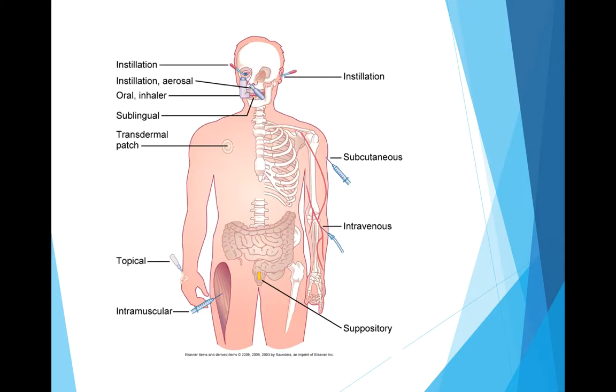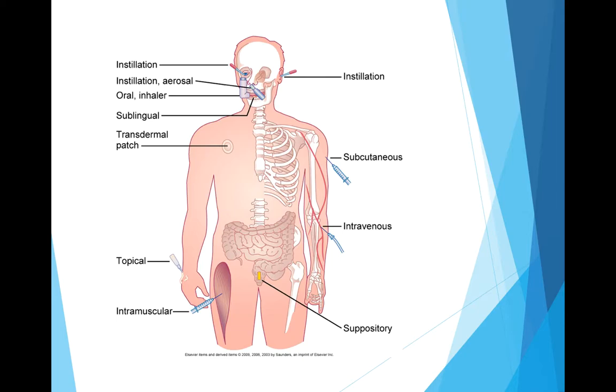The next slide here is just a pictorial for you of the different routes of administration of meds. And what I want you to do is pull out your ATI Chapter 1, starting on page 5 through page 7. It talks about all of the different routes and specifically different nursing actions that you need to take for each route of administration.